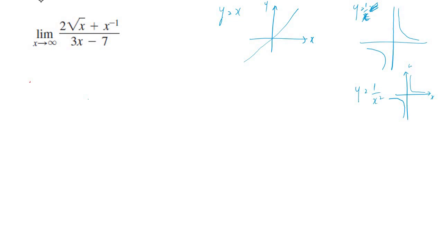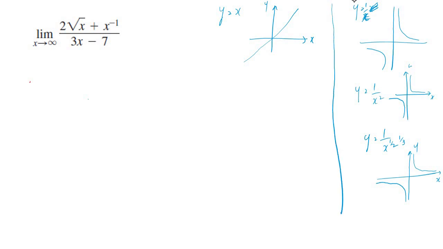The whole family of curves, 1 over x to the power half, 1 over x cubed, all follow the same trend. As x goes to infinity, whether negative or positive infinity, the graph tends to 0. This is something you need to remember when finding the limit.